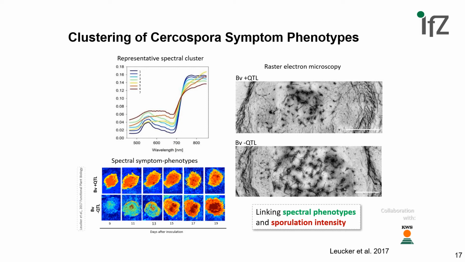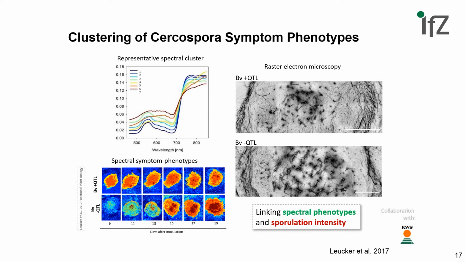We had 2 different genotypes. One genotype was susceptible, where symptoms developed in a proper way, and this could also be identified by hyperspectral imaging. Then we had a second genotype which was tolerant, and here also symptoms developed. But when we had a closer look at the symptoms, it was very interesting that we had nearly no sporulation in the center of the symptoms, which is shown here in the genotype plus the QTL.